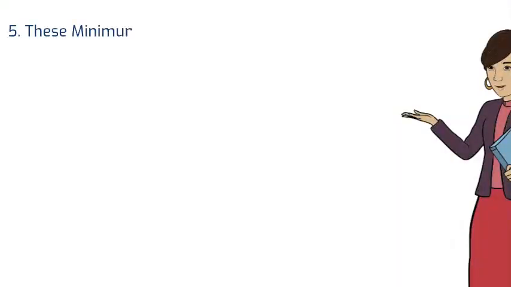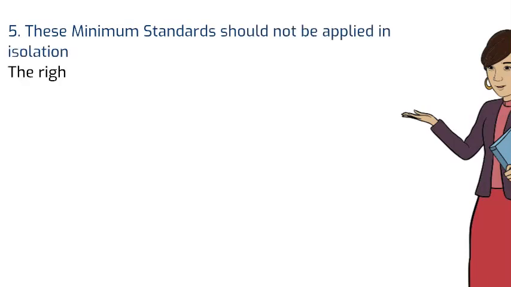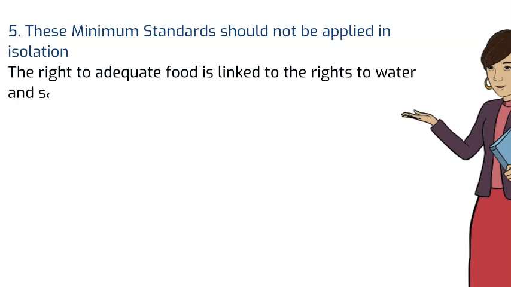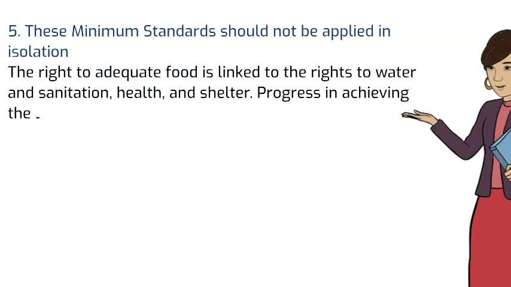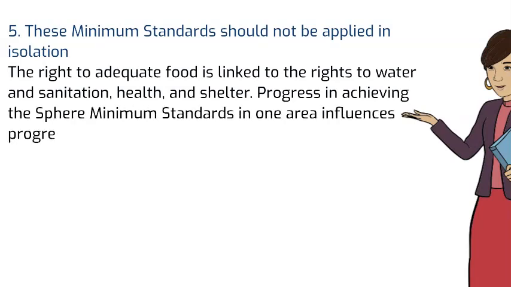These minimum standards should not be applied in isolation. The right to adequate food is linked to the rights to water and sanitation, health, and shelter. Progress in achieving the Sphere minimum standards in one area influences progress in other areas.